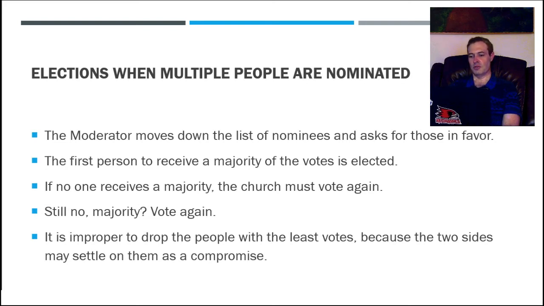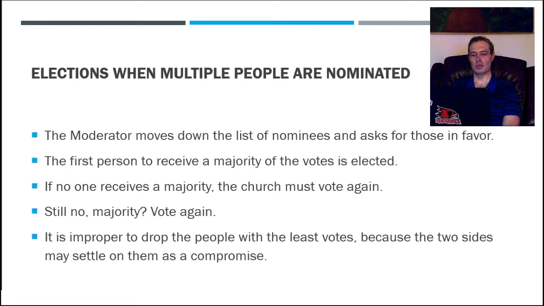If no one receives a majority, the church must vote again. Now, this is another thing that people don't understand about how to elect officers or to hold elections. A lot of times what happens is, you may have 3 people nominated for a position, the first person gets 40% of the vote.